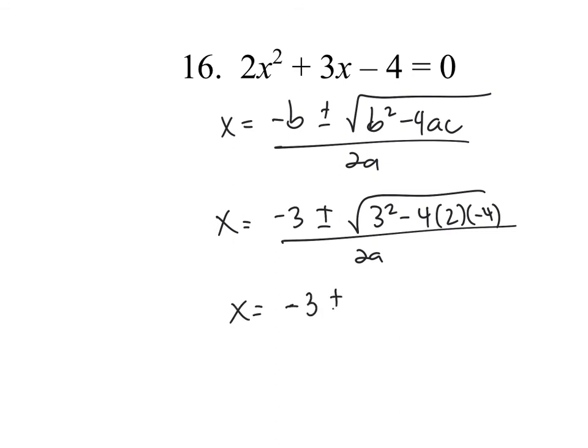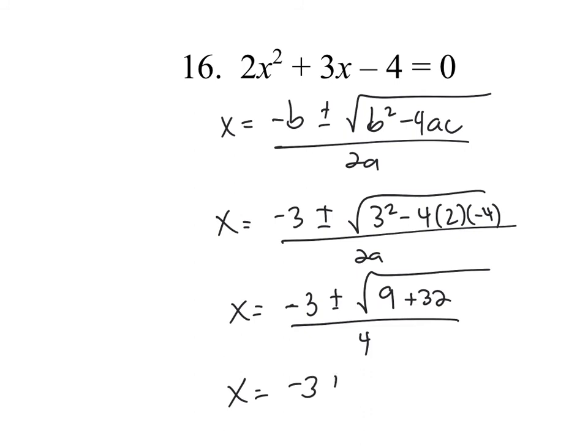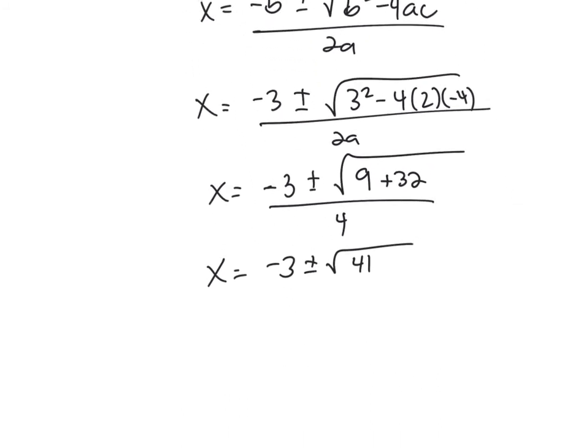So negative 3 plus or minus the square root of 9, and then 4 times 2 is 8. 8 times 4 is 32, so 9 plus 32 all over 2 times a, and a was 2. I forgot to put that in there, so that's 4. So this would be negative 3 plus or minus the square root of 41 all over 4.